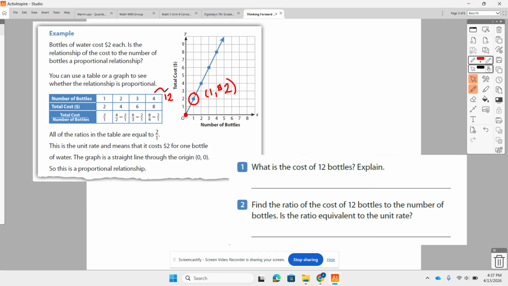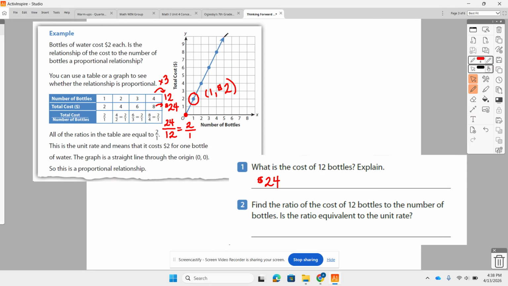So what's easiest for me to think about is 4 times 3 is 12, so 8 times 3 would be $24. All right, and if I simplified that, of course, 24 over 12 reduces down to, again, 2 over 1, going back to that unit ratio.